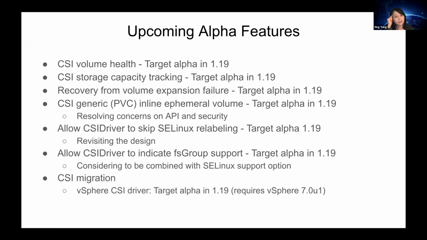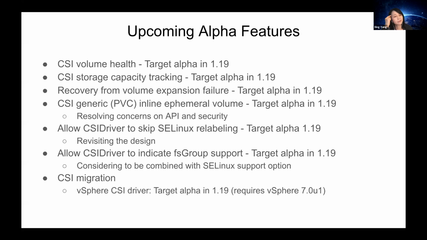And the next one is the recovery from volume expansion failure. This is actually one of the bug fixes that is required for the volume expansion feature to go GA. We track this one separately because it needs a feature gate by itself. This one is also targeting 1.19.